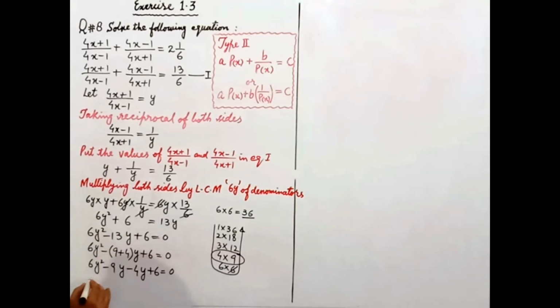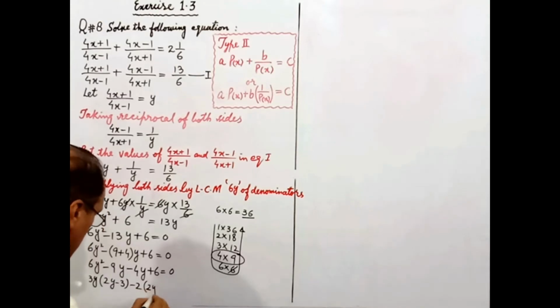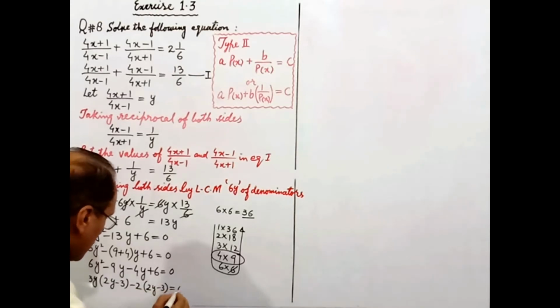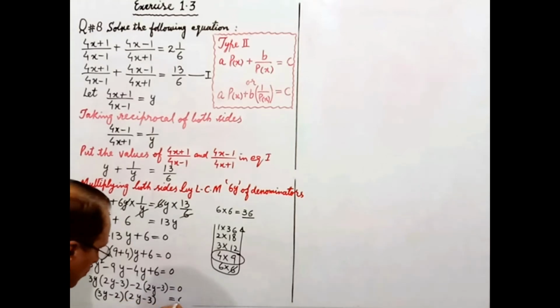We take 3y common from first two terms, 2y minus 3 is left, and minus 2 is taken common from the last two terms. We have 2y minus 3 is equal to 0. Applying right distributive law, we have (3y minus 2) into (2y minus 3) is equal to 0.